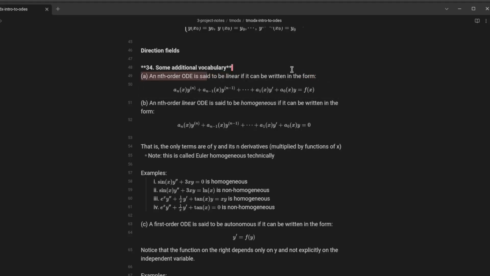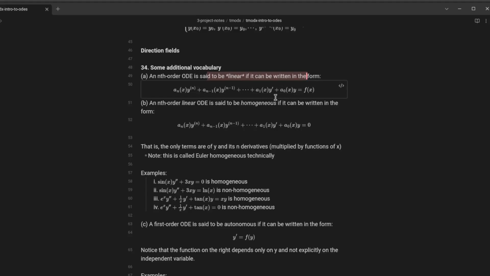So a linear ODE is basically one that has this form right here. You can see that out front in each of the terms, we have a function of x, right? So you can just think of this function of x, function of x, function of x. We're just labeling them a_{n-1}, all the way down to a_1 and a_0, each a function of x.